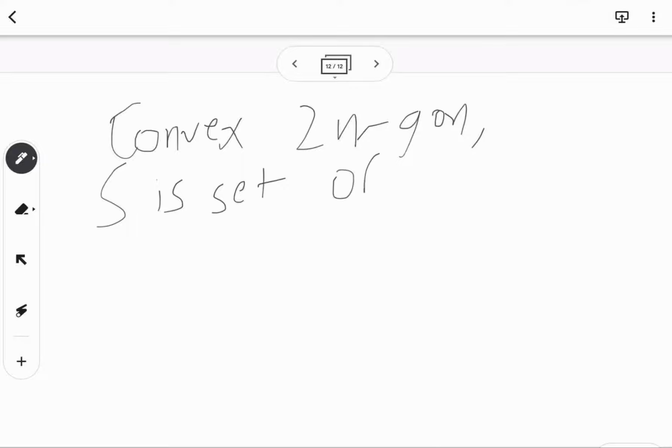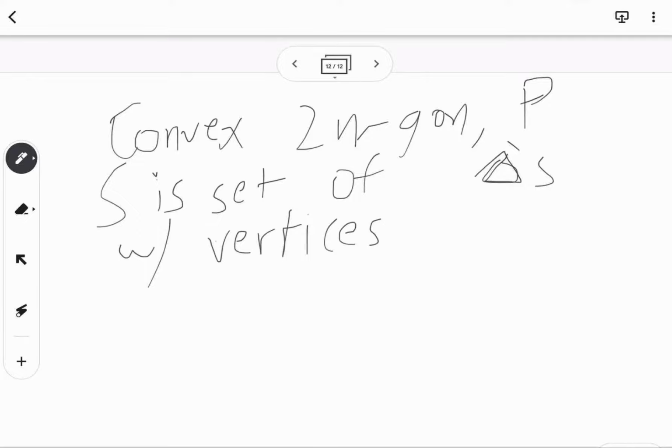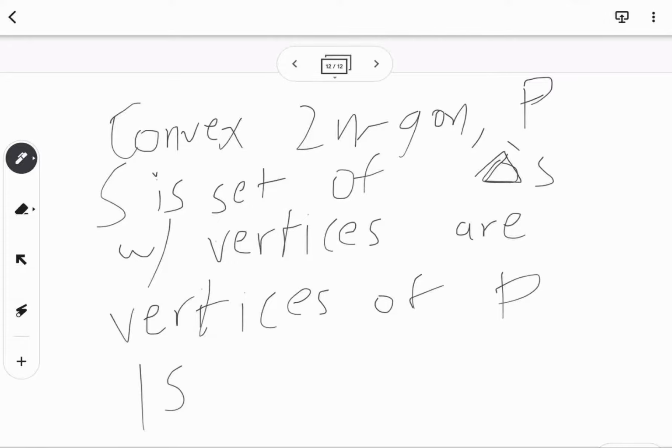Let's say we have some convex 2n-gon, called P. S is the set of triangles with vertices that are vertices of P. So the size of S would be 2n choose 3, right?